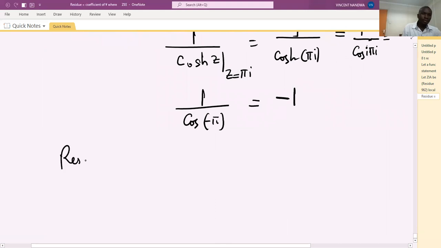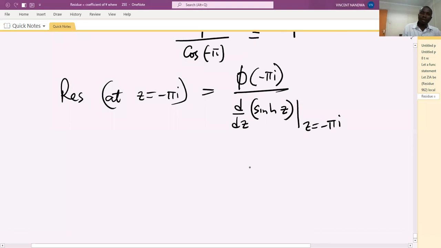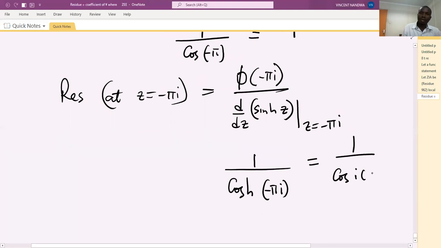And then the residue at z equals minus pi i will be phi at minus pi i over the derivative of the hyperbolic sine of z at z equals minus pi i, which will give 1 over hyperbolic cosine of minus pi i, which is the same as 1 over cosine of i times minus pi i.